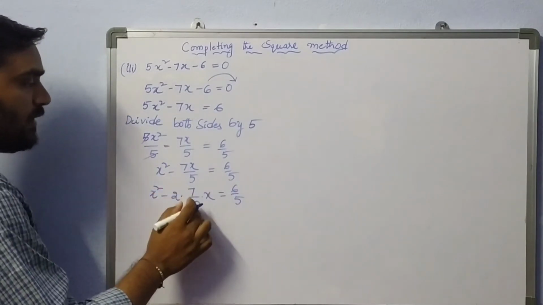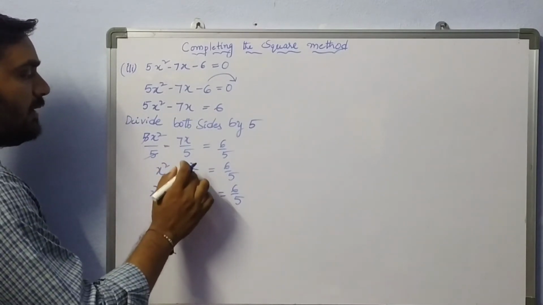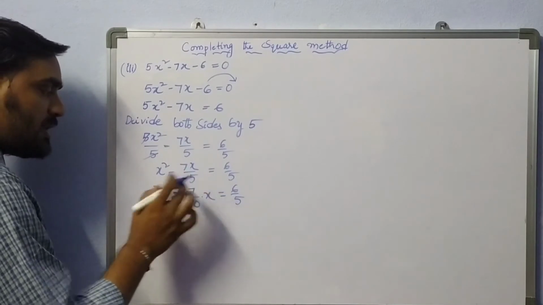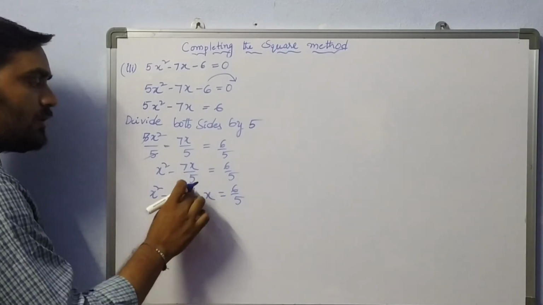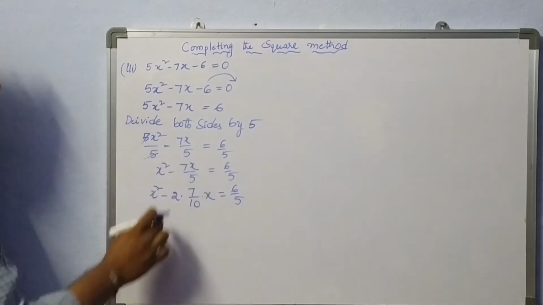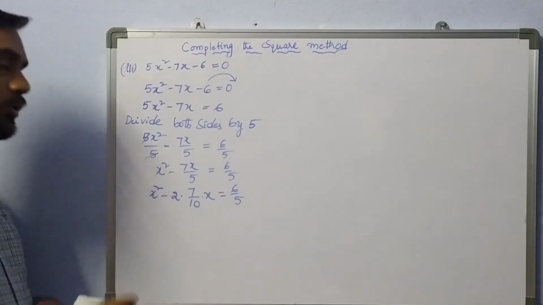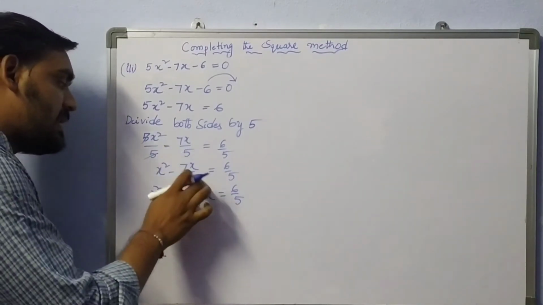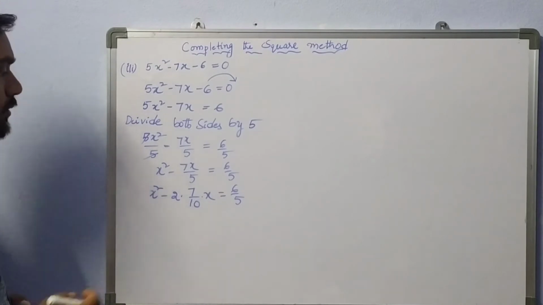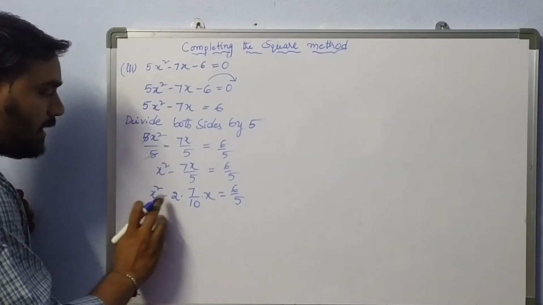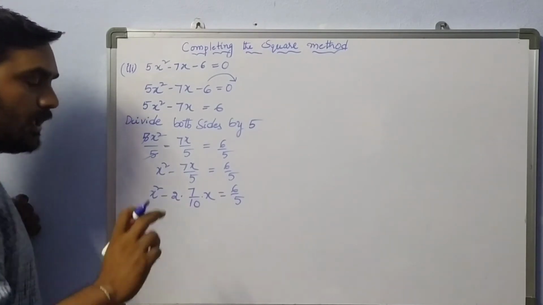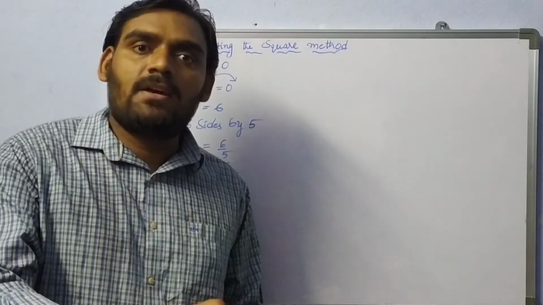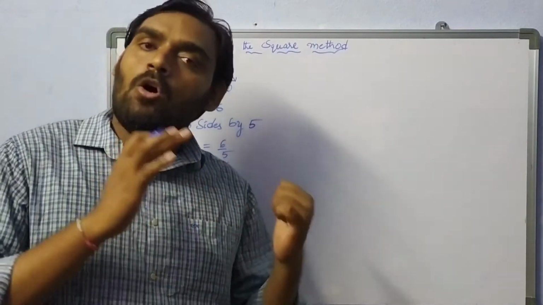See here, 2 ones are 2, 2 fives are 10. So minus 7x by 5 I have written as minus 2 into 7 by 10 into x. I multiplied and divided with 2. So this will be changed like this. Now it is in the form of a square minus 2ab. If I include plus b square also, then we will get a minus b whole square.